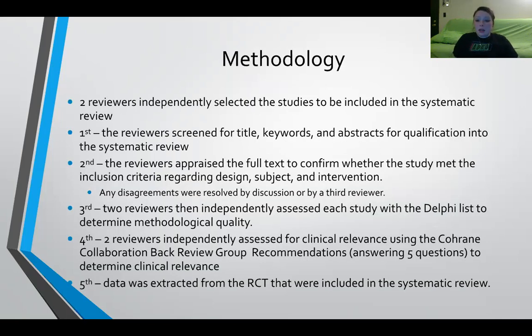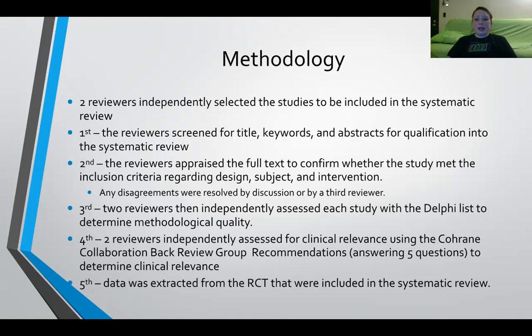So the methodology: they had two reviewers independently looking at each individual randomized control trial that was involved with the study. And if there were any disagreements, there was a third reviewer who acted as arbitrator to determine if the randomized control trial fit criteria to be included or not.